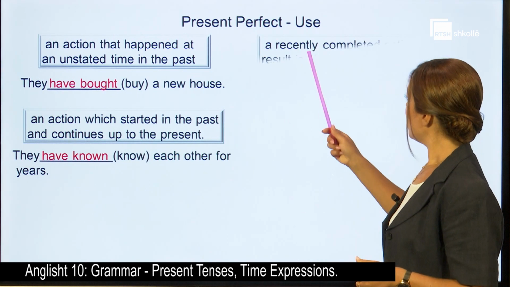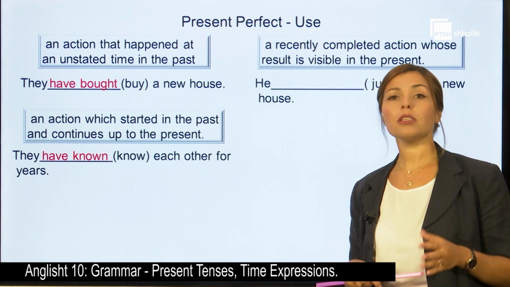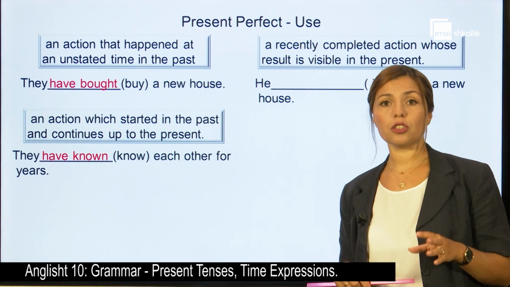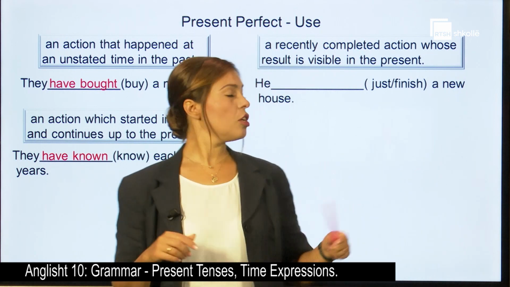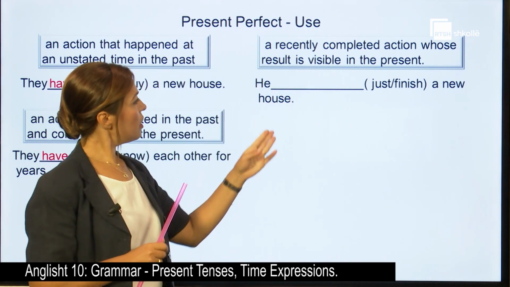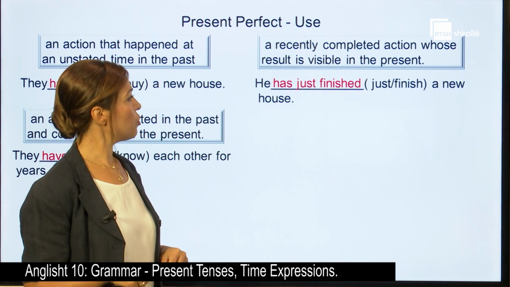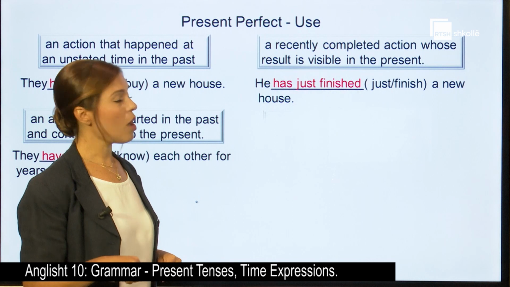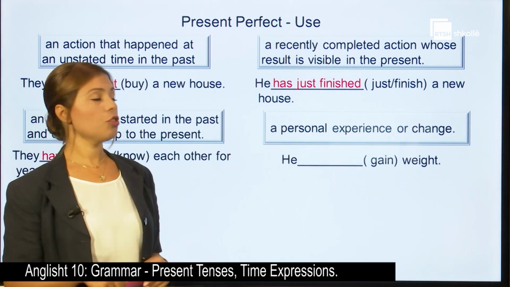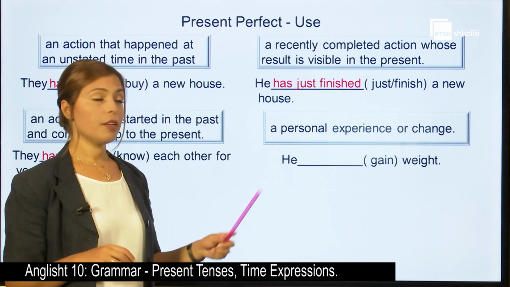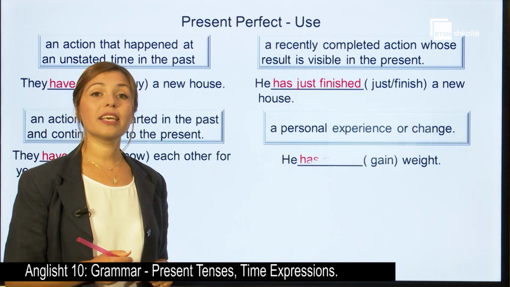Let's move on. An action that was recently completed, that just finished. For example, he, the verb is finish, so he has just finished a new house. One more use. A personal experience or a personal change. He, the verb have in the third person, he has gained.